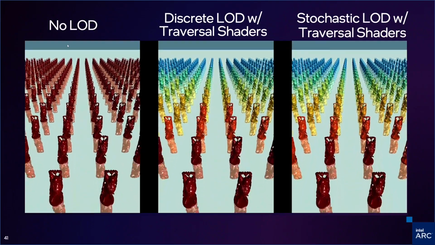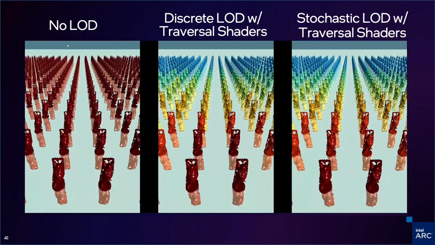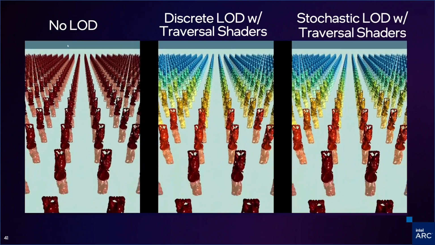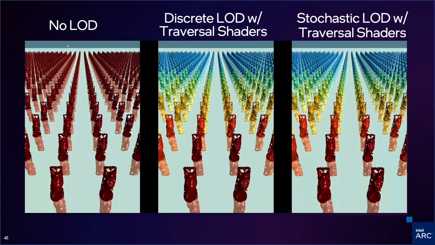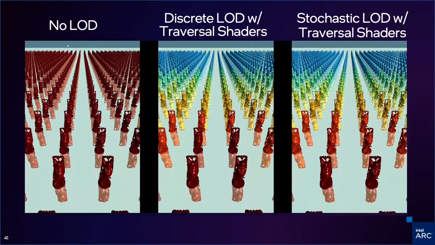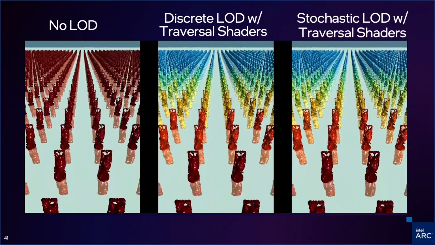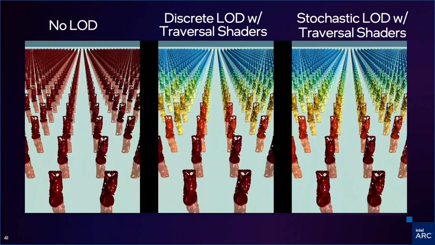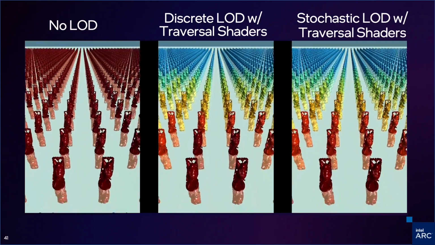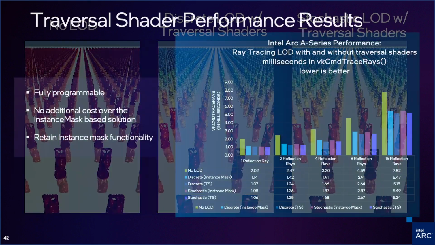Also, this is being done with the traversal shader implementation on our GPU. So you can see this smooth transition happening. By the way, the image on the left is running about 100 to 125 frames per second, and the ones in the middle and the right are running between 150 and 175 frames per second. And there's more than 3,600 Buddha instances in this scene.